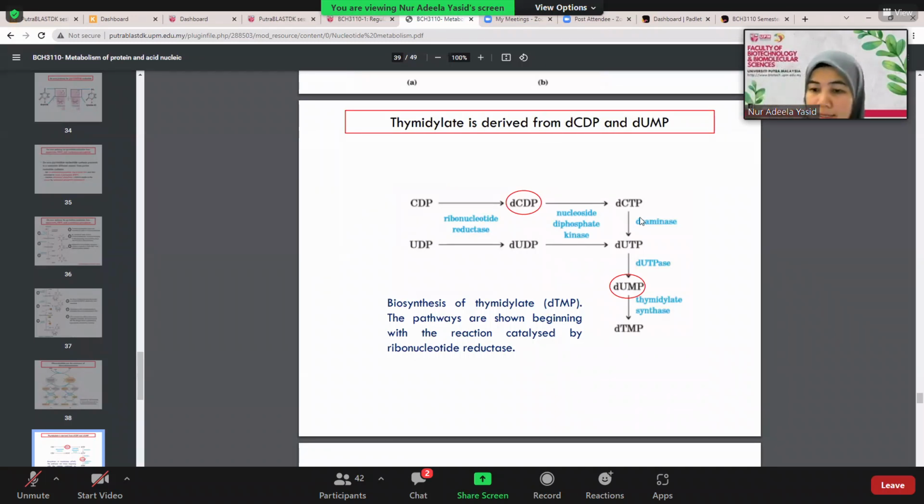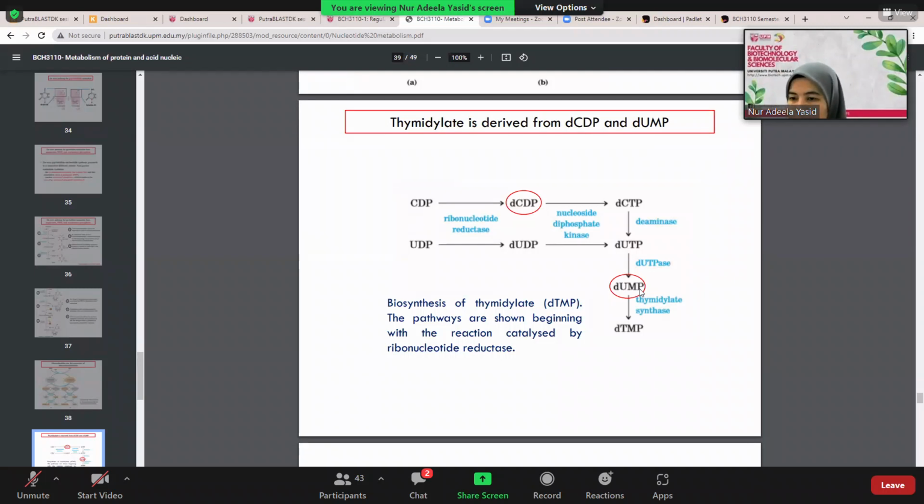Thymidylate, or thymidine monophosphate, deoxythymidine monophosphate. This dTMP is of DNA; when you see deoxy in front, it is DNA. dTMP is synthesized by methylation of dUMP. Take note of that.